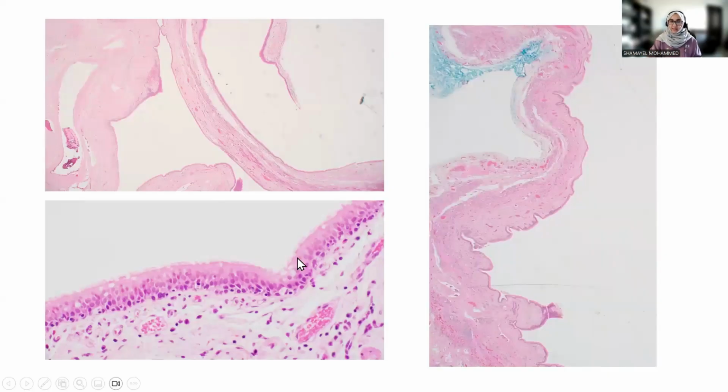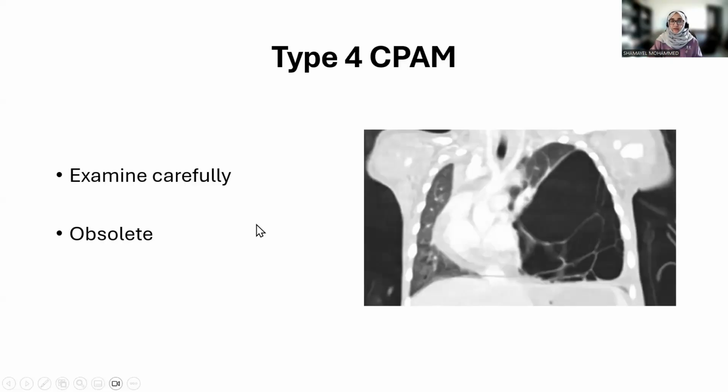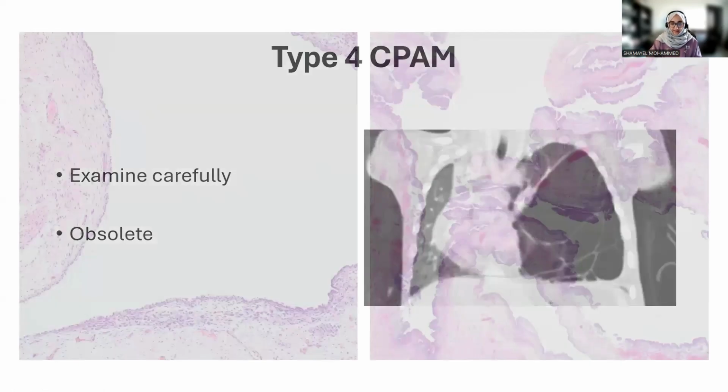An honorable mention to an example of a CPAM type 1, as you can see again, dilated spaces with a cyst wall and the lining of a columnar ciliated epithelium that might closely resemble pleuropulmonary blastoma. However, if your differential diagnosis is a type 4 CPAM, and this is an example of a patient with a CPAM, again you have to examine very carefully, as this term is obsolete, and you need to document if you have other atypical mesenchymal elements.